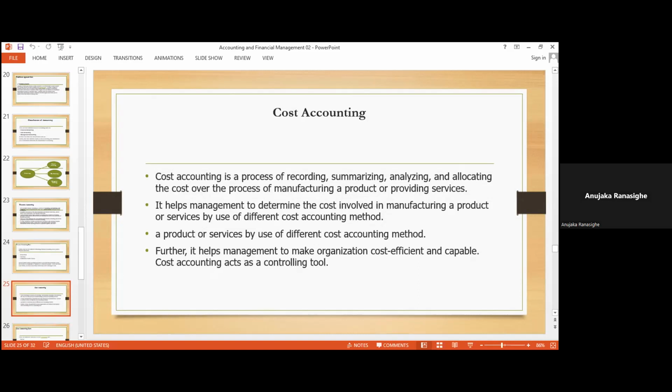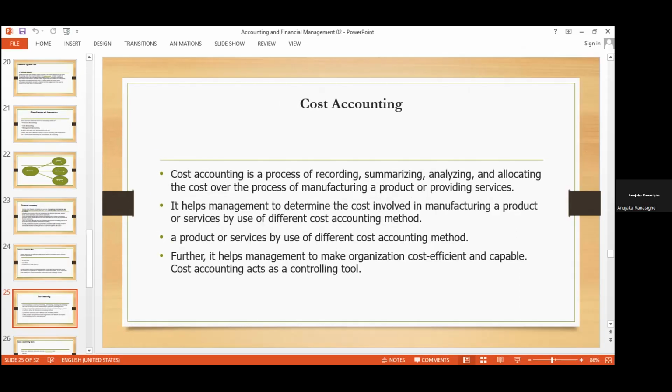We will discuss the different cost accounting methods later. Further, it helps management to make the organization cost efficient and capable. Cost accounting acts as a controlling tool for management.